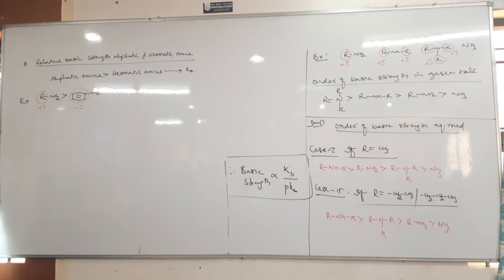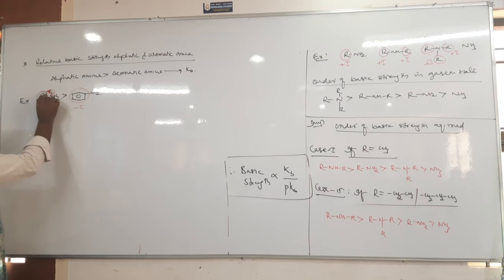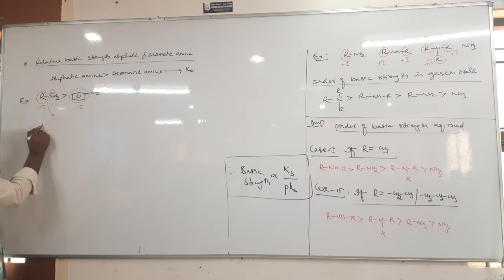Which lone pairs are not available for donation? Which lone pairs are available for donation? In the case of alkyl, these lone pairs are not delocalized, so they are called localized lone pairs.